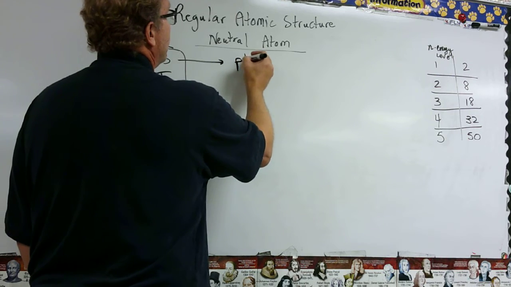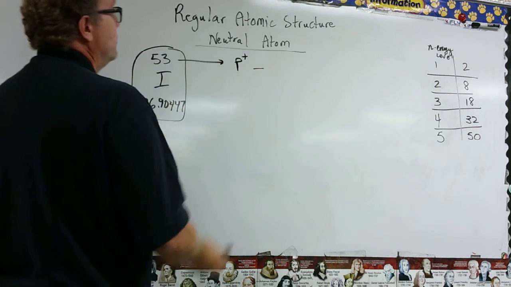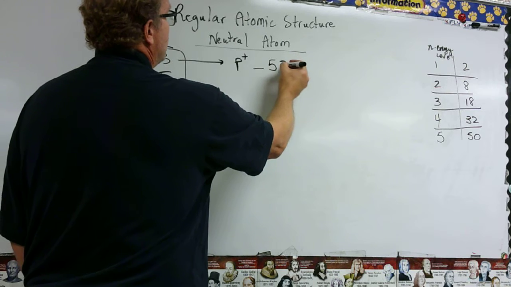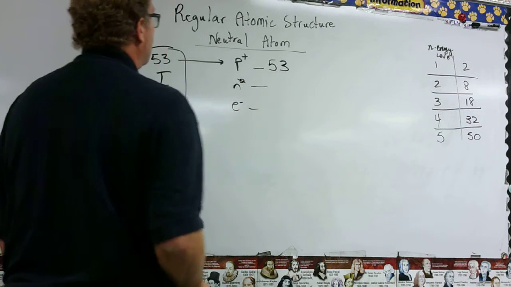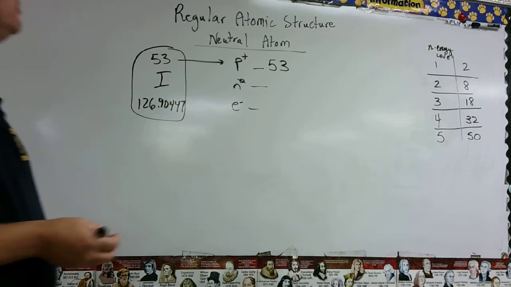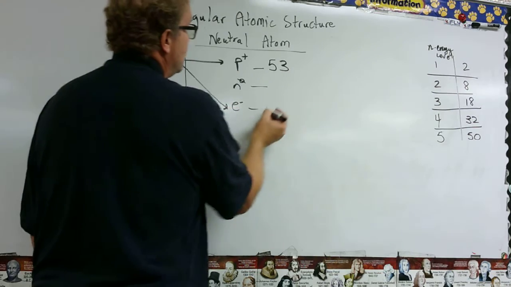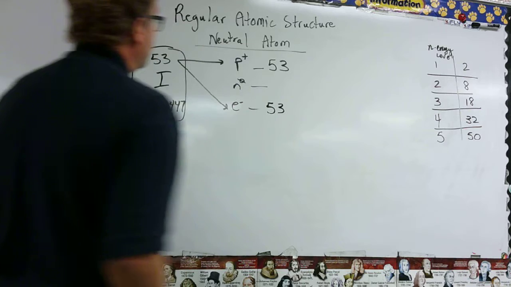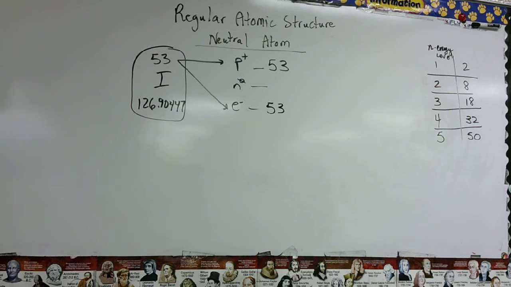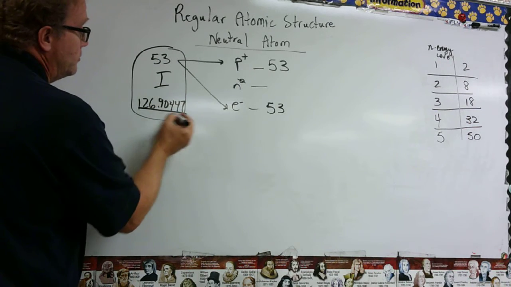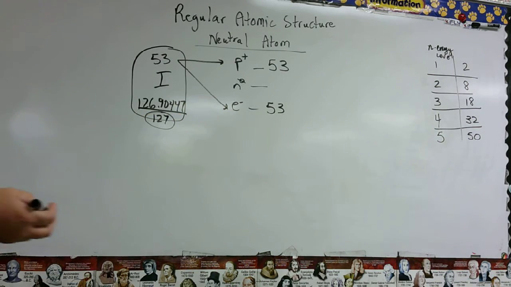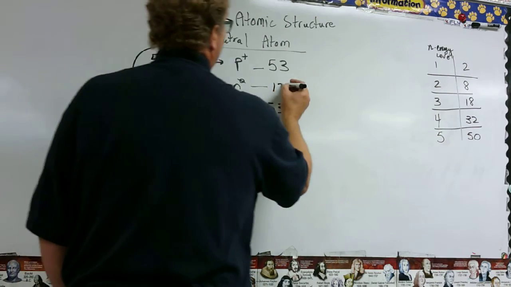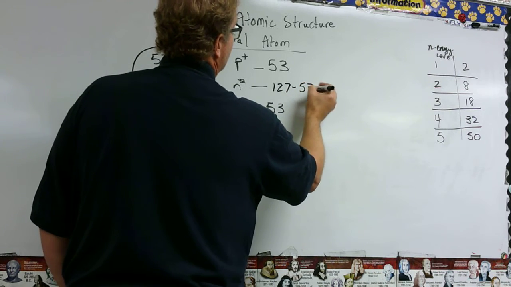These are going to be my positive protons, which is going to be 53. And if I'm doing neutral atom, again, this is 53. My neutrons, well, I'm going to have to round this number, which goes to 127. Again, can't use the decimal. So it's going to end up being 127 minus 53.